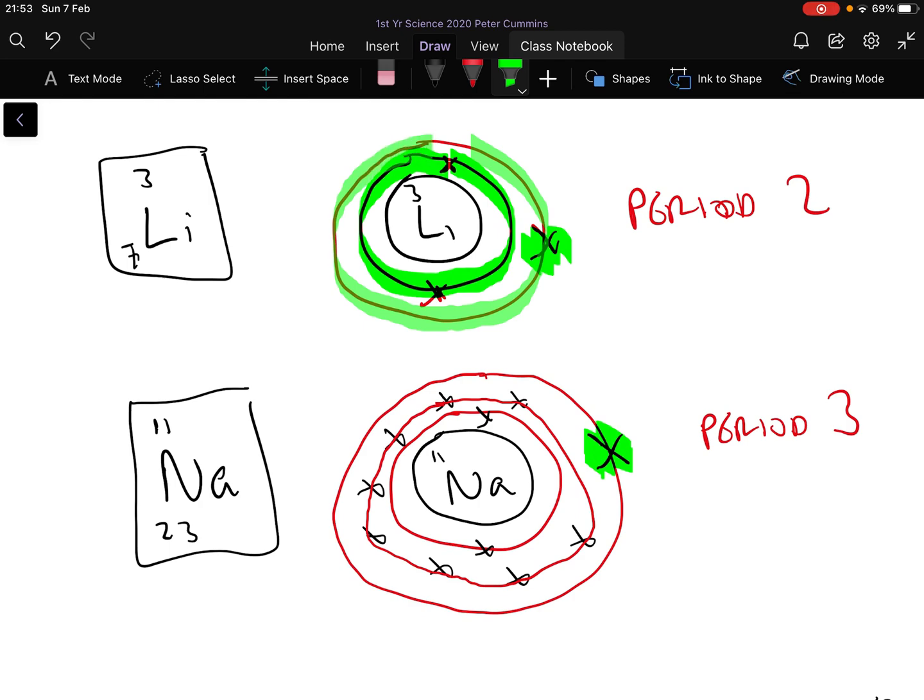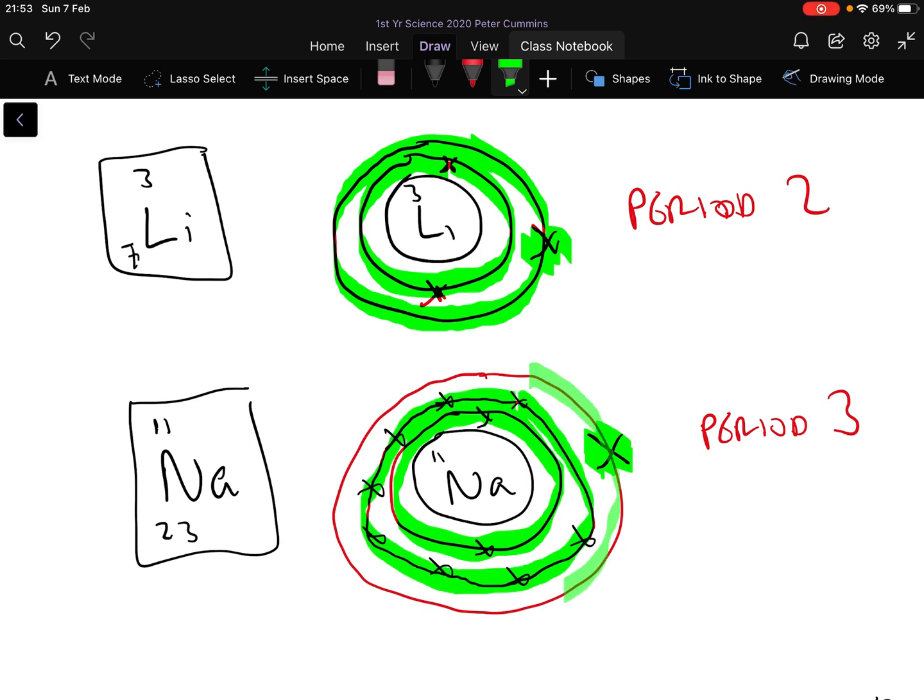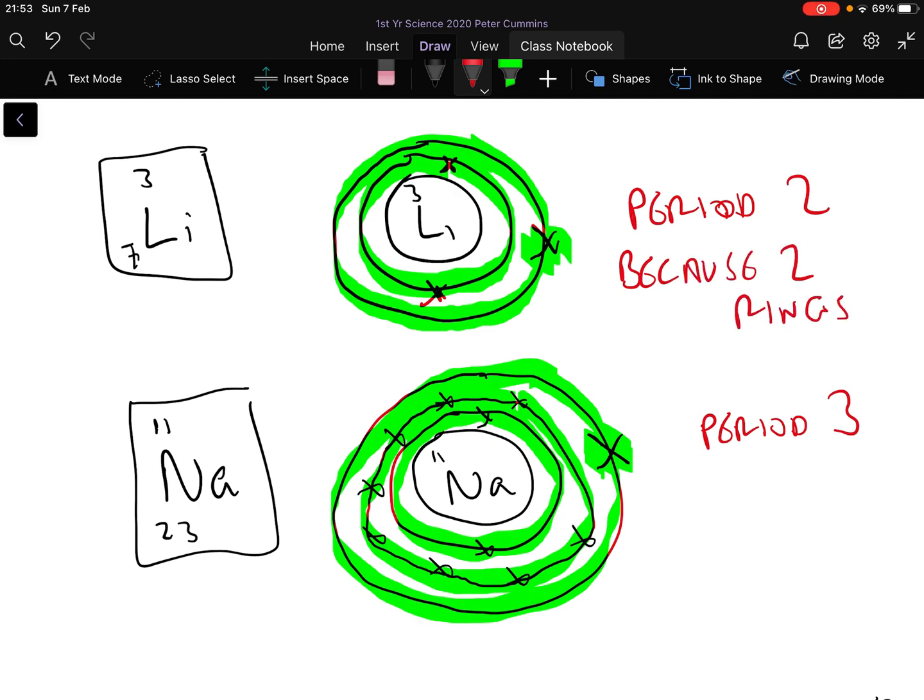So that is telling us that lithium is in period 2, whereas sodium is in 1, 2, 3. So this whole thing, period 2, because 2 rings. Period 3, because 3 rings.